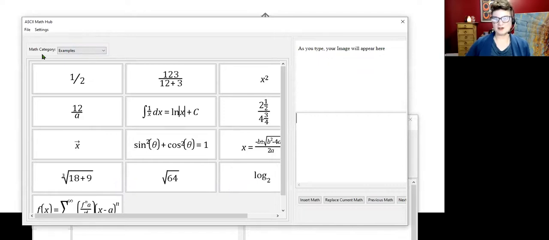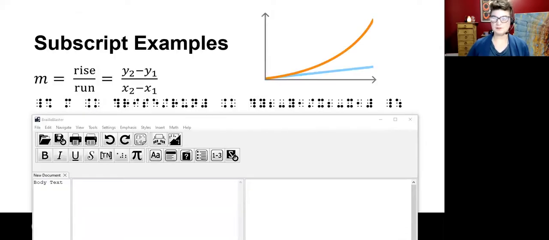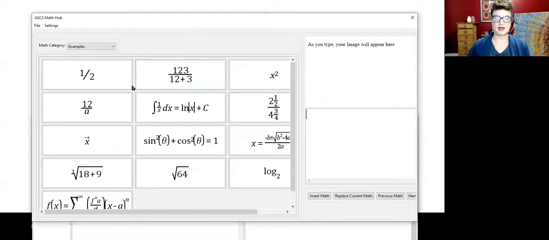In the math categories dropdown, there are a couple of categories which are particularly useful if you're looking for a specific symbol. I find the examples really helpful because the examples in the ASCII Math Hub give us actual full transcriptions of example content. The example I'm going to look at here is 123 over 12 plus 3.